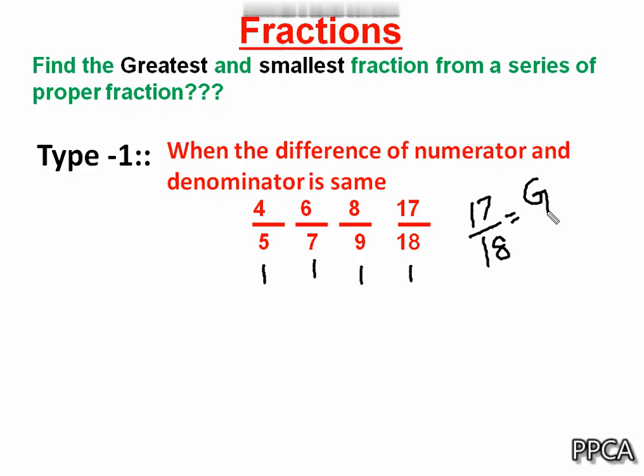And the smallest fraction is 4 by 5, because 4 is the smallest number among these 4 numerators. So this is the simplest trick in mathematics for determining the greatest and the smallest fraction.